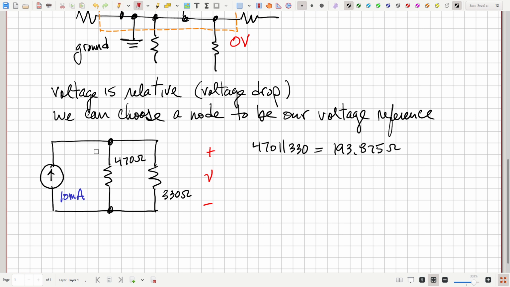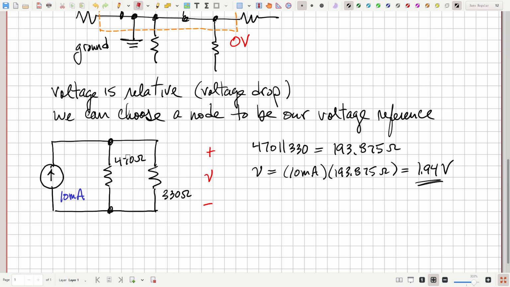And then we would say, okay, that's the equivalent resistance of these two resistors, and you've got 10 milliamps flowing in that, so V would be equal to 10 milliamps times 193.875 ohms, and that would be, to three significant figures, 1.94 volts. All right, and if we wanted to solve this circuit, that's how we would do it.